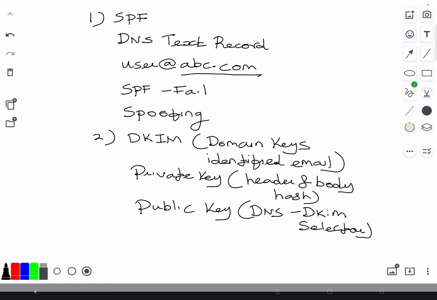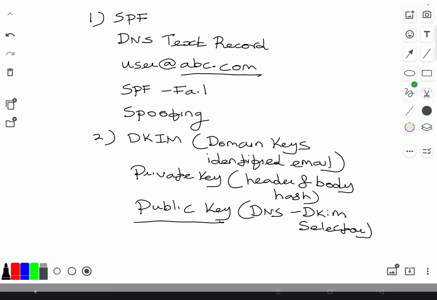Imagine the receiving email server extracts the DKIM signature from the email. The receiver uses the domain's public key to verify who has signed this message and whether somebody has made any changes or altered it in transit.